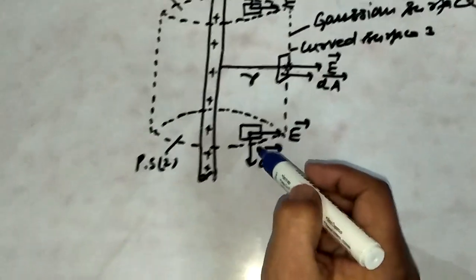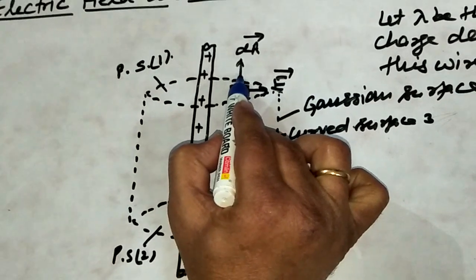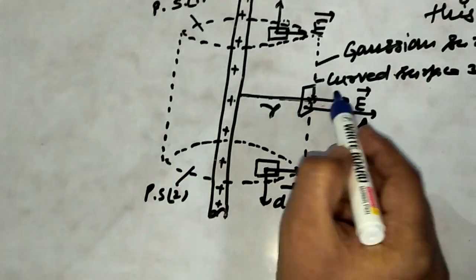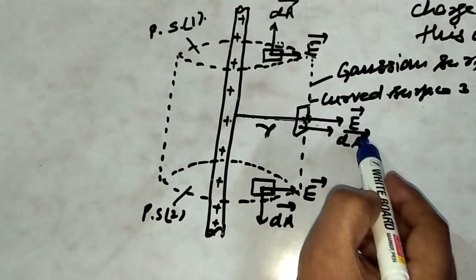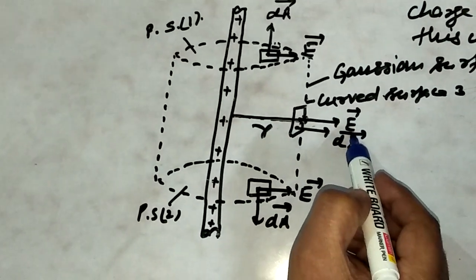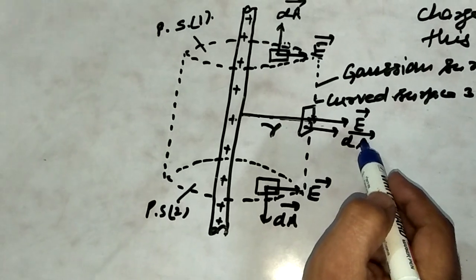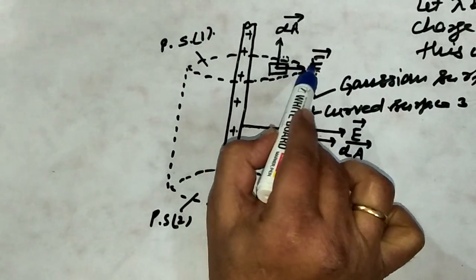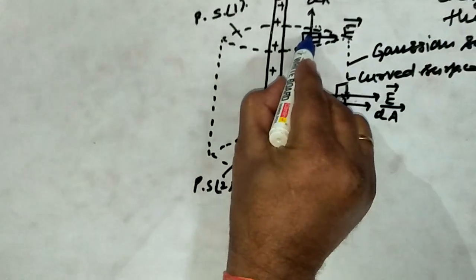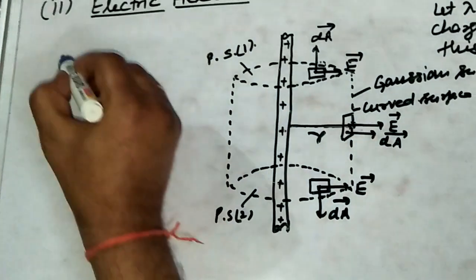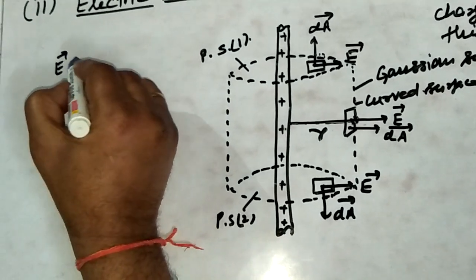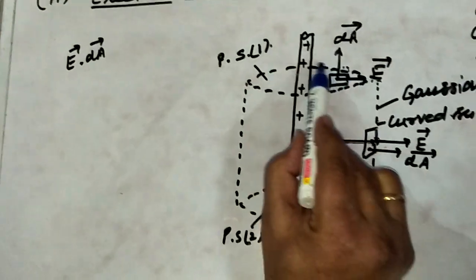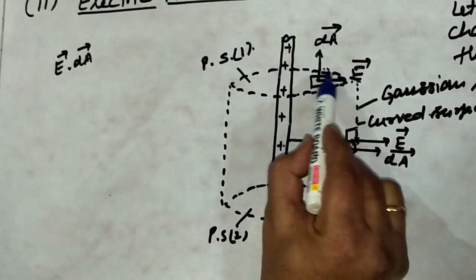Now this angle is 90 degrees. This angle is also 90 degrees, but here the angle between vector E and vector dA is 0, meaning both are parallel. So for finding the electric flux through the first plane surface, what will we do? We take the electric flux through this small area element as vector E dot vector dA, and for finding the electric flux through this entire plane surface 1, what will we do?